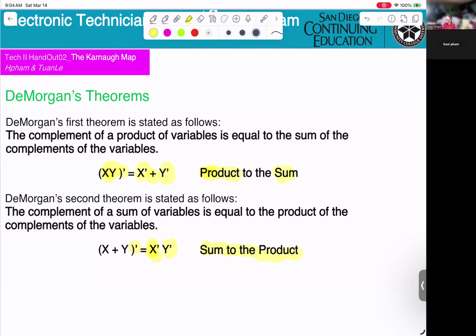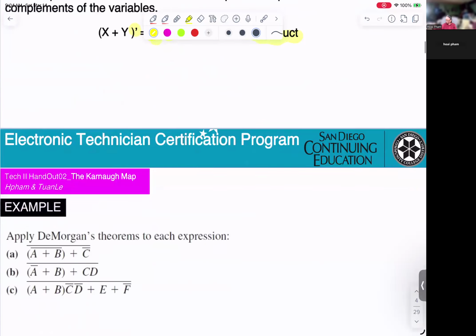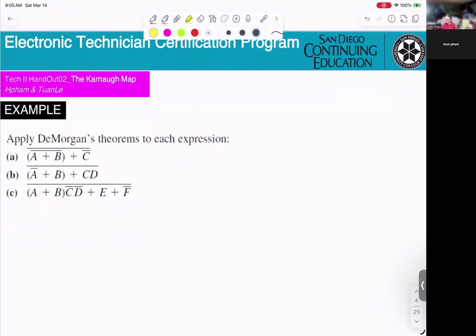Okay? That's for the De Morgan theorem. You get a product to the sum, or you get sum to the product.